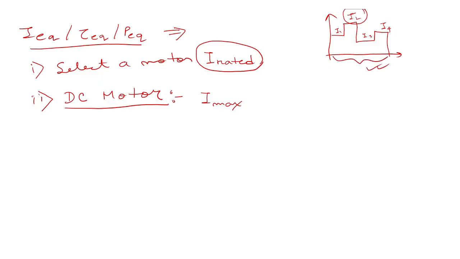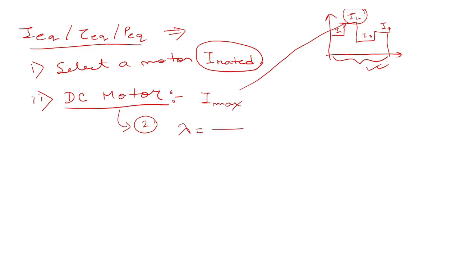Therefore Imax will be I2. In this case Imax will be I2. Now what I have told is that the rated current will be less than Imax, and for a DC motor the limitation is 2.